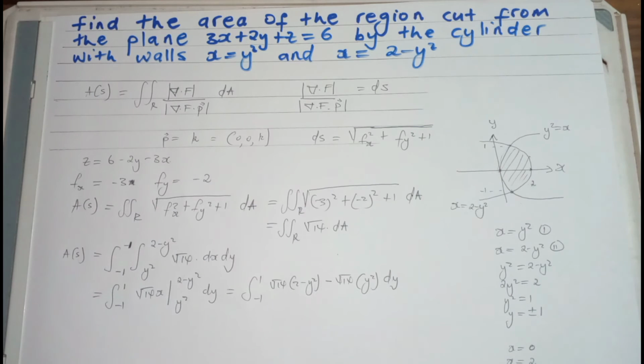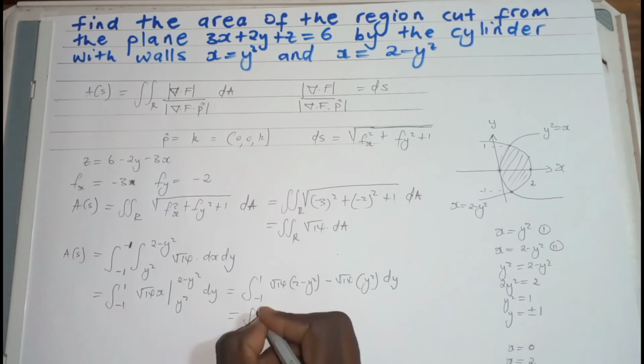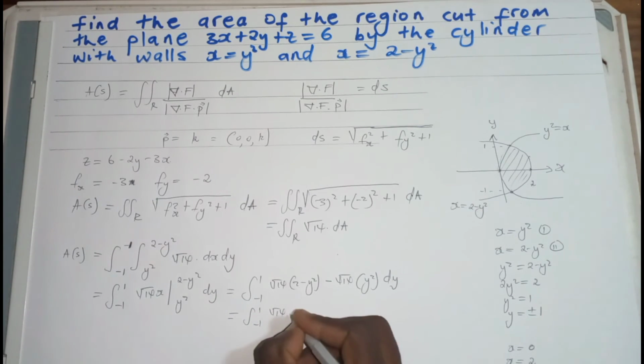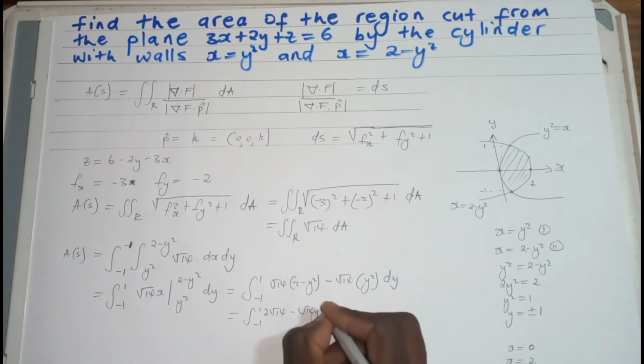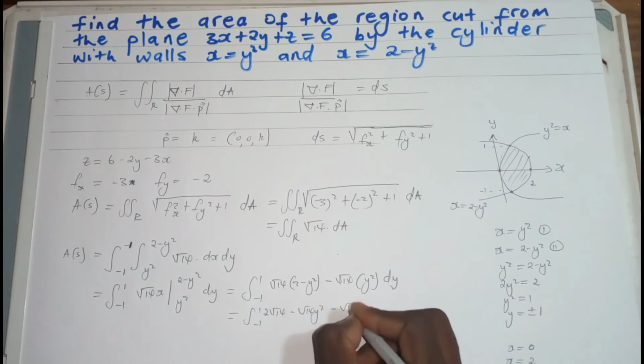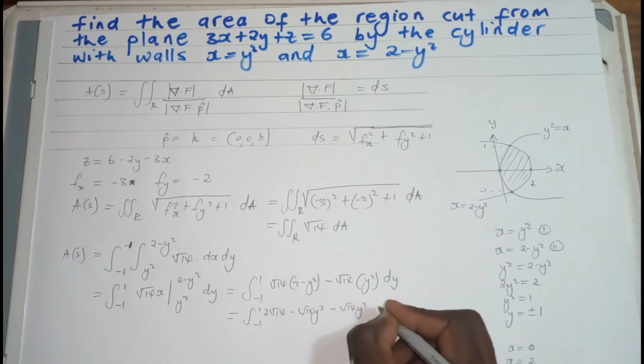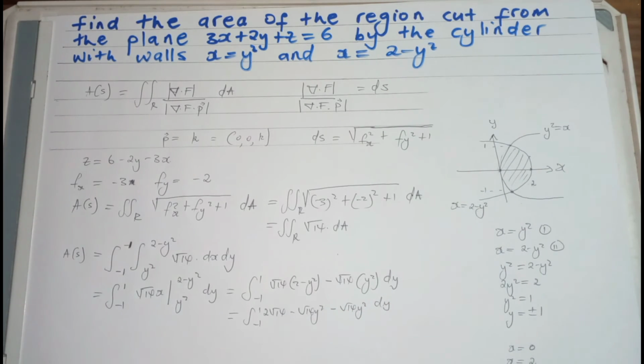Let me just expand to make things easier. So this is going to be 2 root 14 minus root 14 y squared minus root 14 y squared, dy.